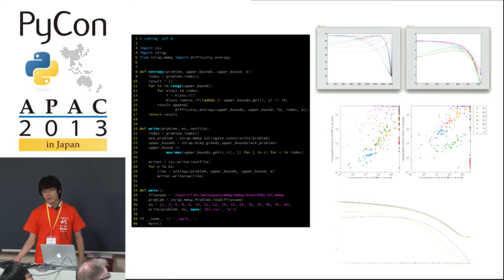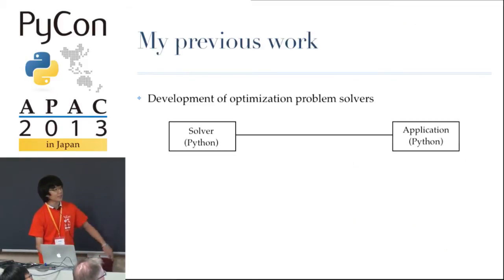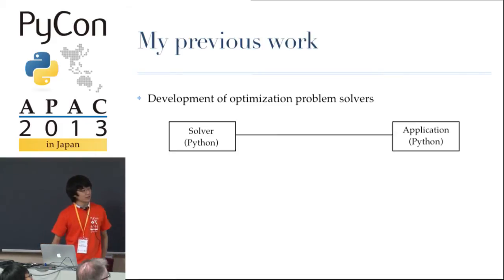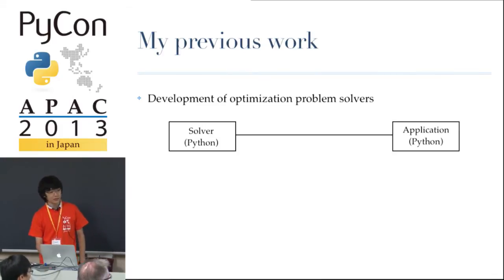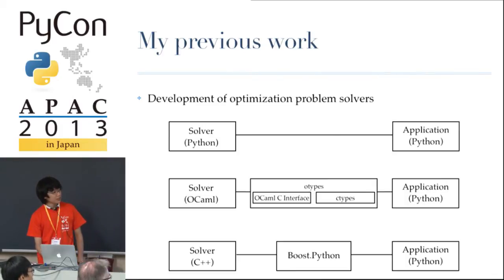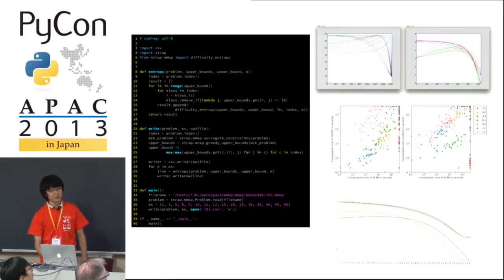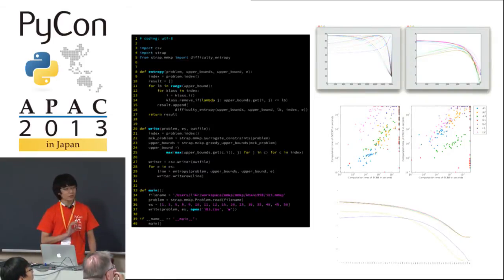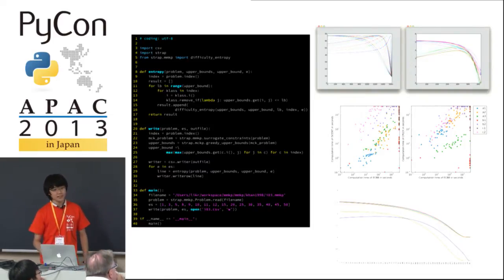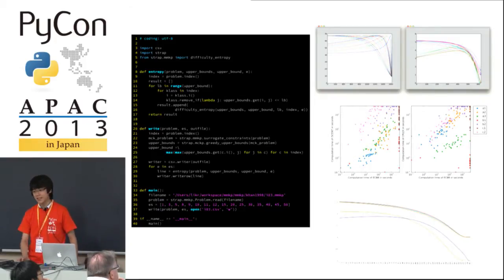And why do I use Python in the application layer? It is very useful to analyze algorithms and analyze data. This is one of my scripts.